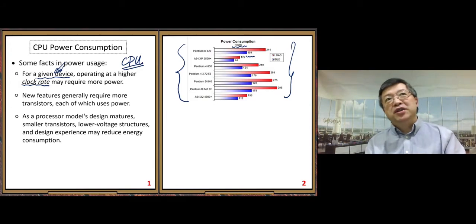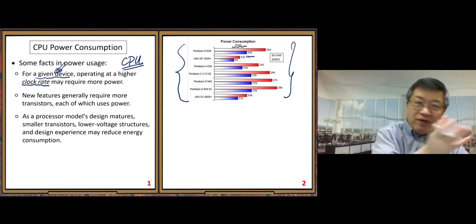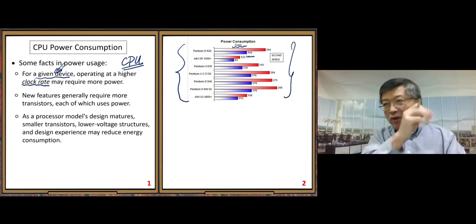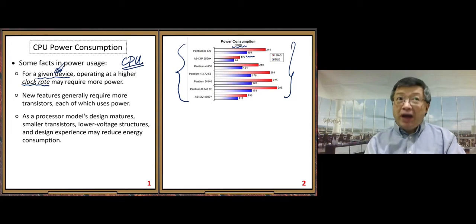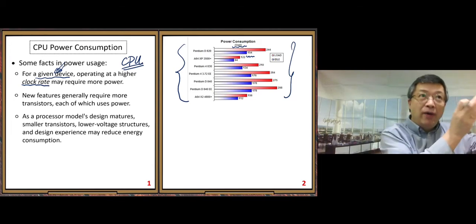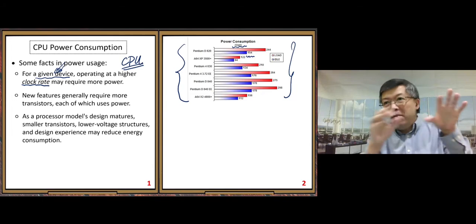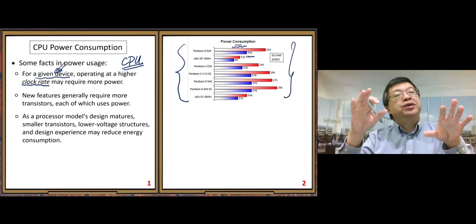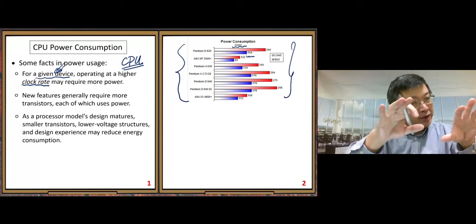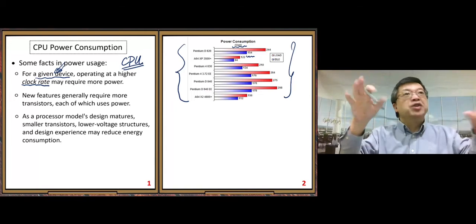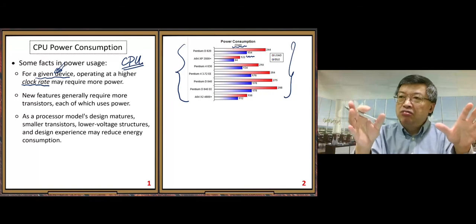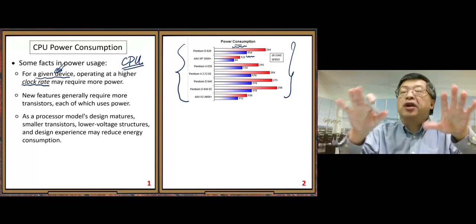So you can see there are many different ways we can improve power consumption. Some factors increase power a little bit, but there are many other technology improvements to reduce power consumption.